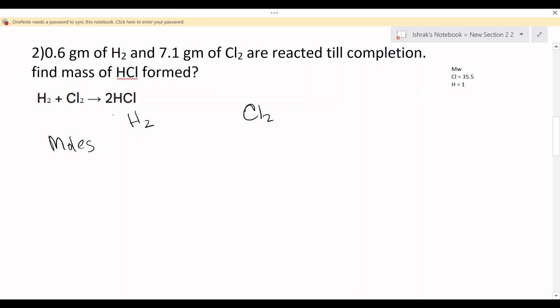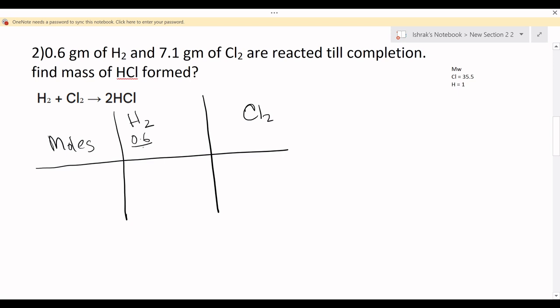Now, how do we find moles? 0.6 divided by the molecular weight gives me 0.3. For this one, the weight given is 7.1 grams, and the molecular weight is 71. So this becomes 0.1, or 1 over 10.